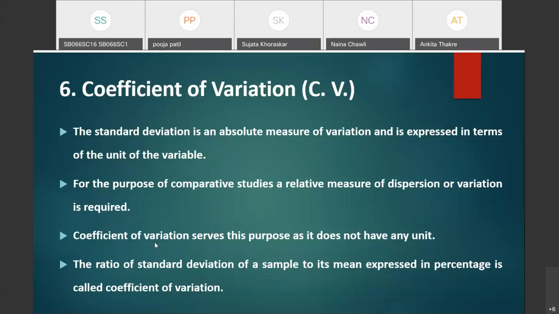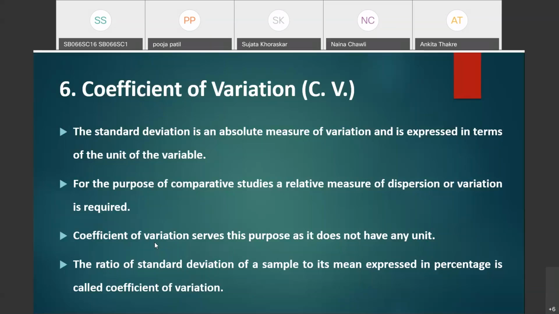For the purpose of comparative studies, suppose there are two samples available and we have to compare them. Then we need a relative measure to compare the variation between these two samples, and it can be done very easily by calculating the coefficient of variation of the two samples.